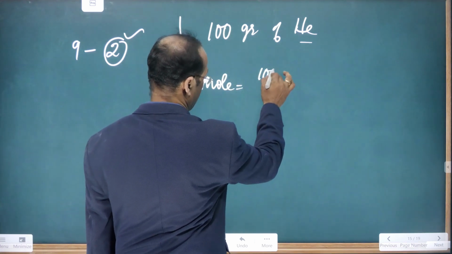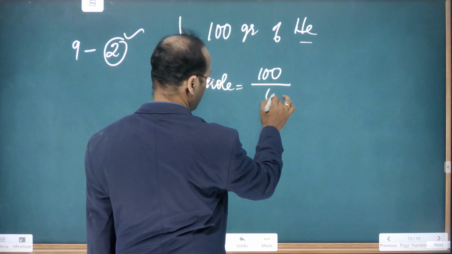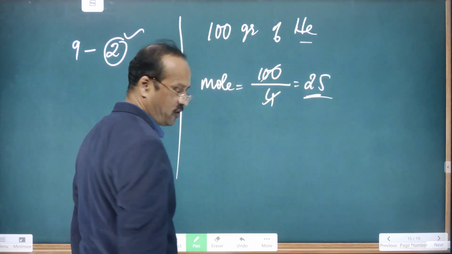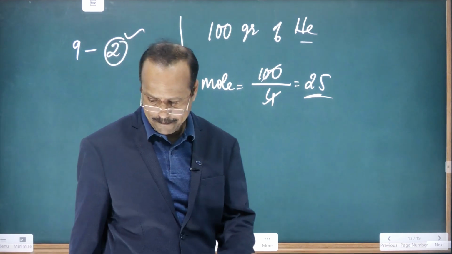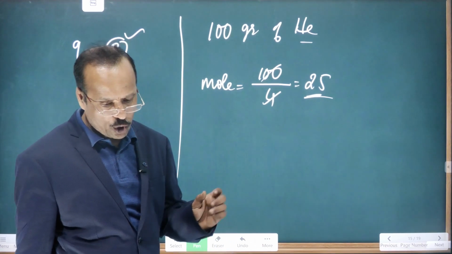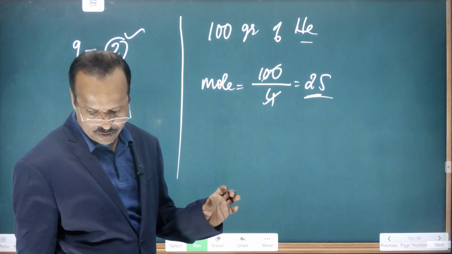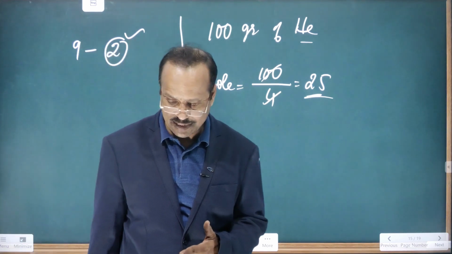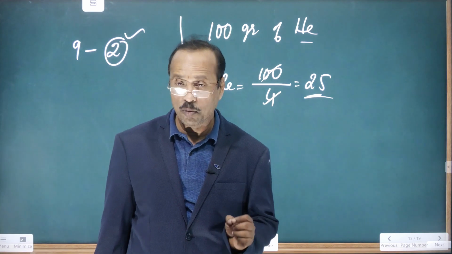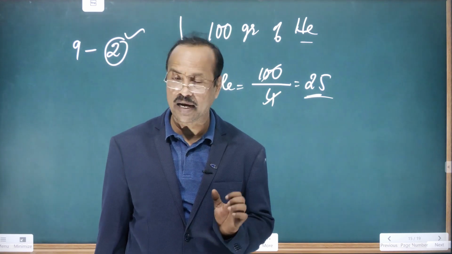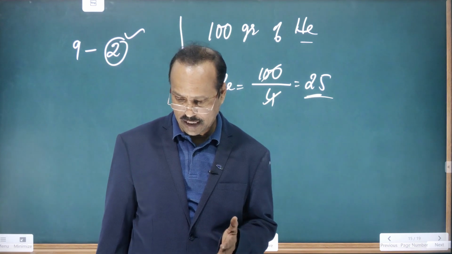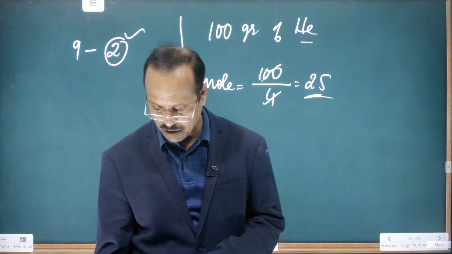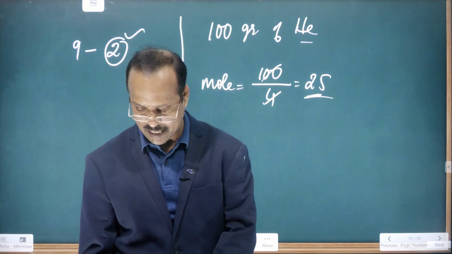Given weight is 100, divided by helium atomic mass, which is 4. So that is 25. So that is actually 25 moles. They should ask how many moles of helium are present in 100 grams. So the question is given wrong, but the answer is 25. So cut the word atoms and write moles.